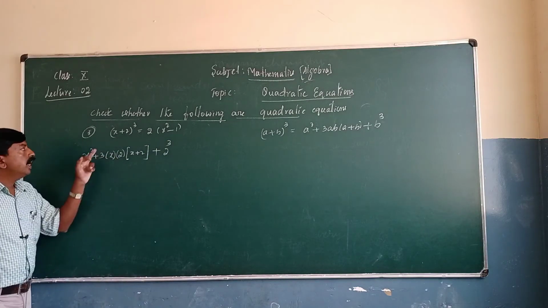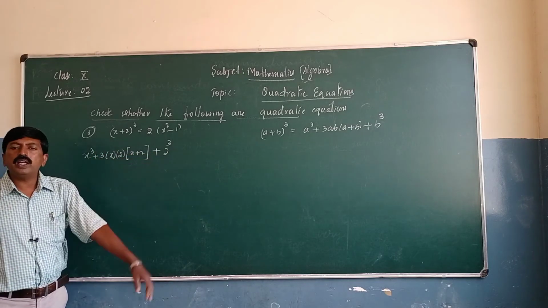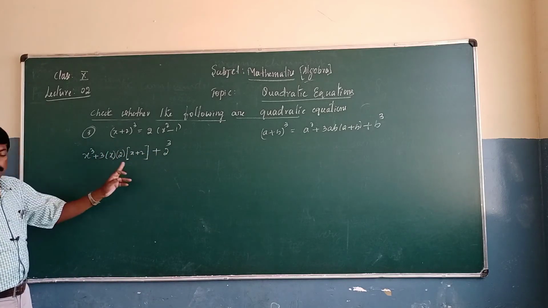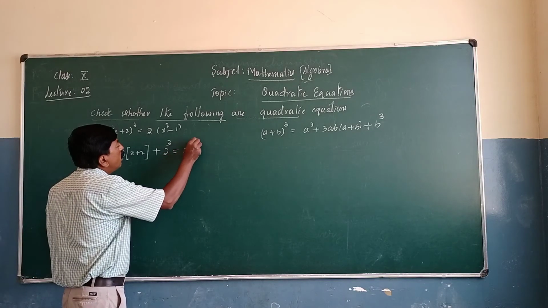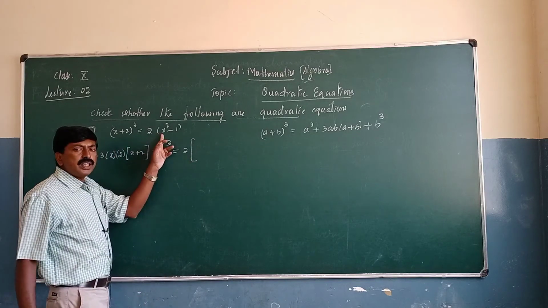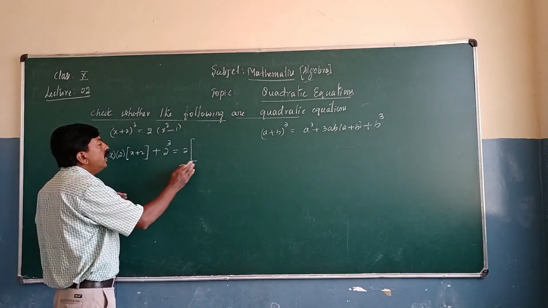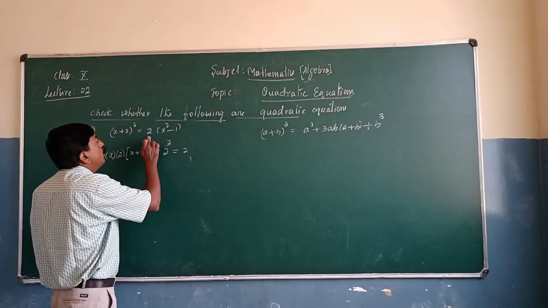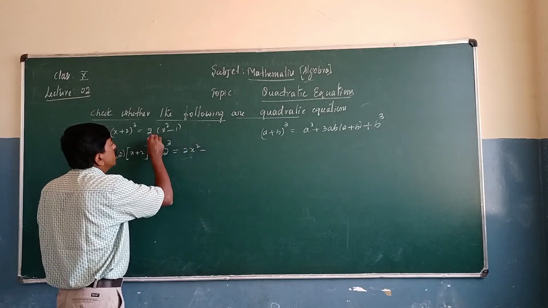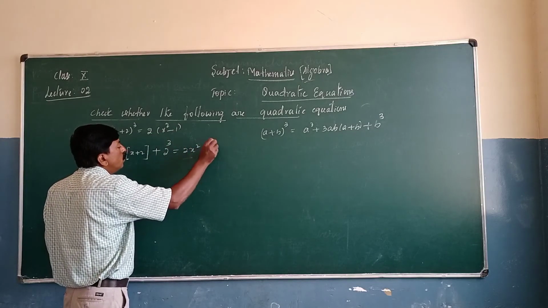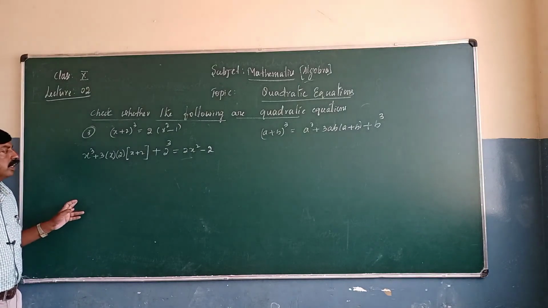That is the expansion of x plus 2 whole cube, which is equal to 2 times x square minus 1. So here itself, you can simplify 2 into x square, that is 2x square, plus 2 into minus 1 is minus 2. Use left distributive property.